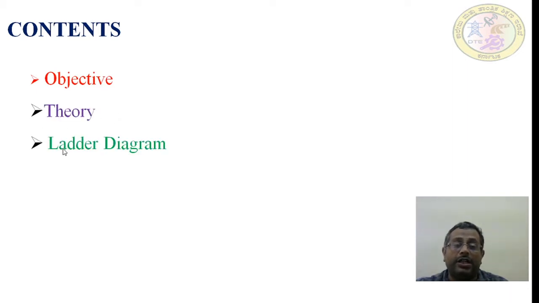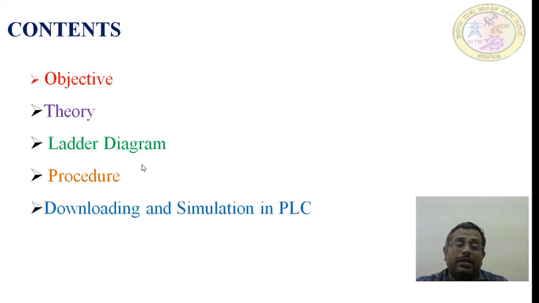Then we will see the ladder diagram to perform the sequencing operation, how to construct it, and what elements are used to construct it. And then we will see the procedure to create a ladder diagram in software, download it into the PLC and test it. Then I will show how to download and simulate this program in PLC, and finally we will discuss the result.